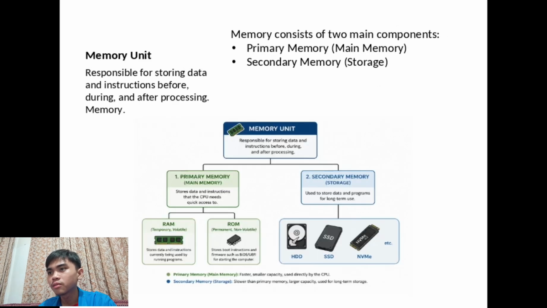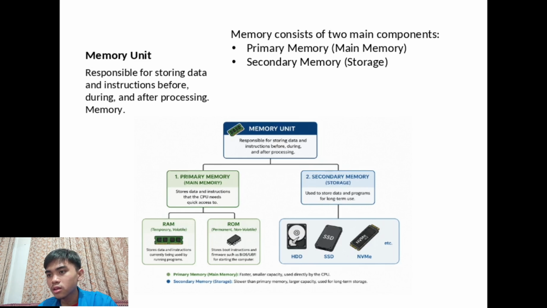Next is the memory unit. The memory unit is responsible for storing data and instructions before, during, and after processing. Memory consists of two main components. First is main memory. Main memory is used to store data and instructions that the CPU needs quick access to.